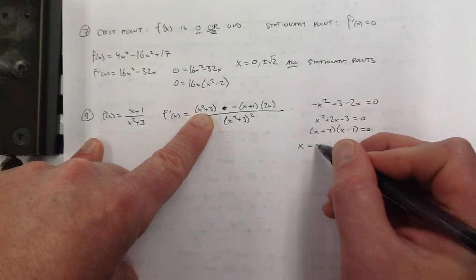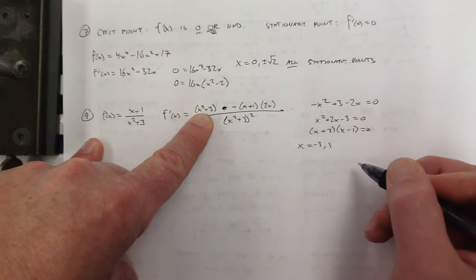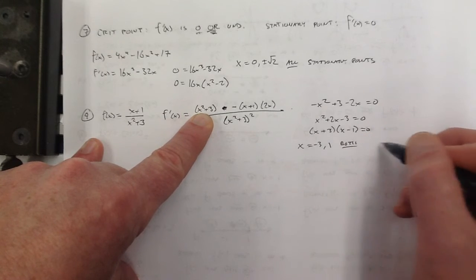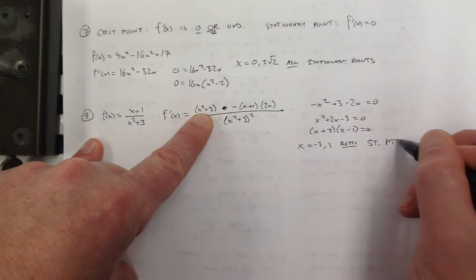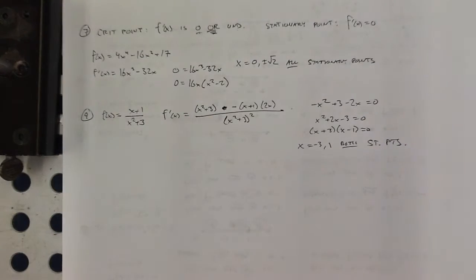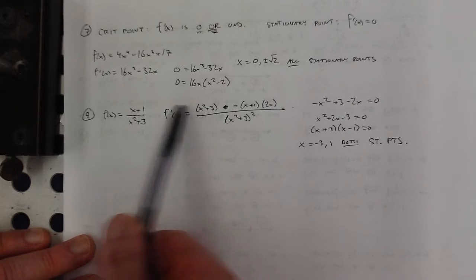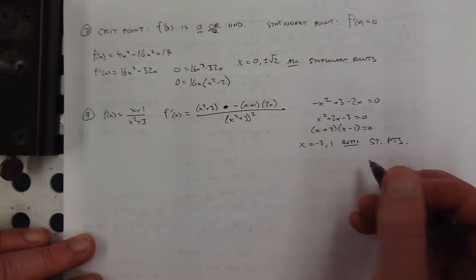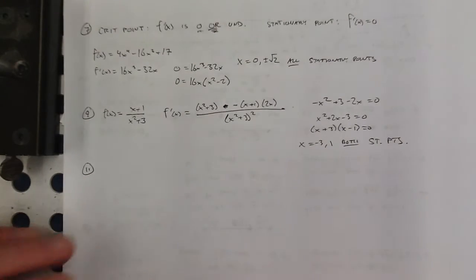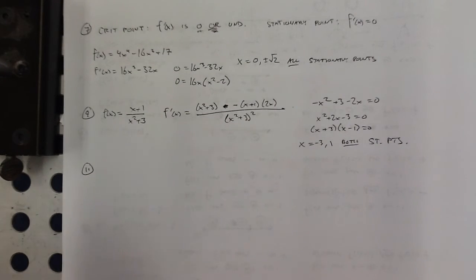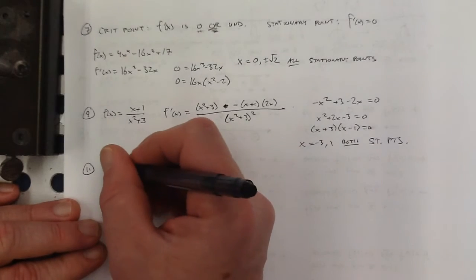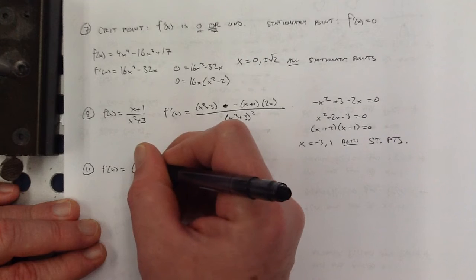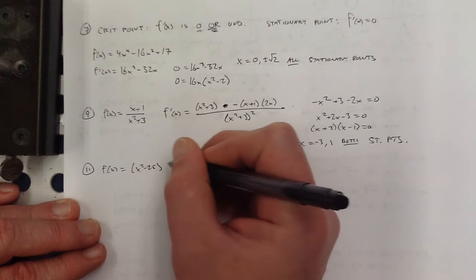So x equals negative 3 and 1. And those are both stationary points, because you can go back and check. See, do they make the derivative equal to 0? Yep, they sure do. 11. How about the cube root of x squared minus 25?